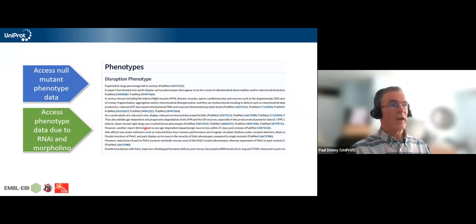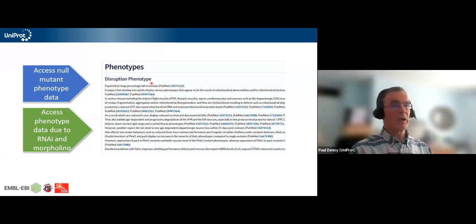I believe one of the proteins known to be involved in Parkinson's in humans has been mutated in fruit flies, and hence it gives rise to abnormal phenotypes. So, we'd describe those as disruption phenotype.